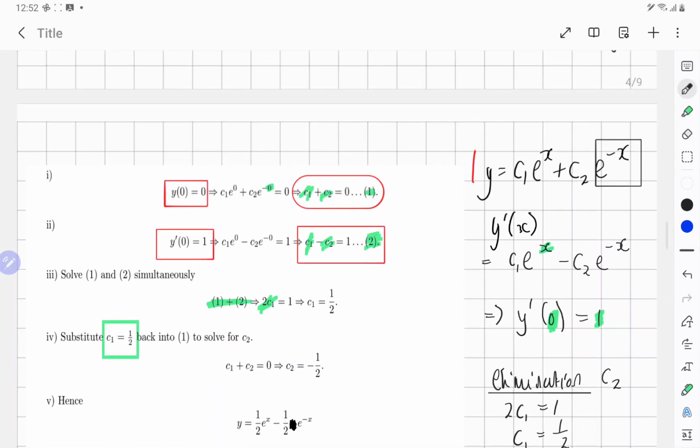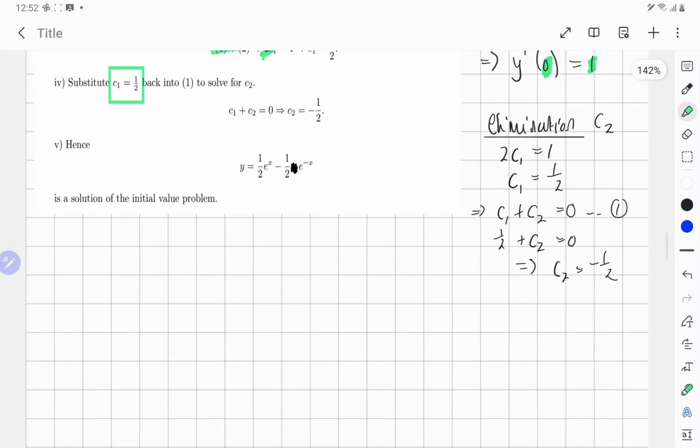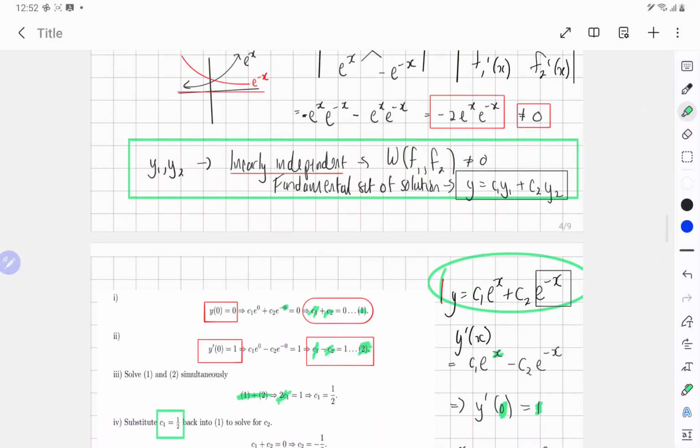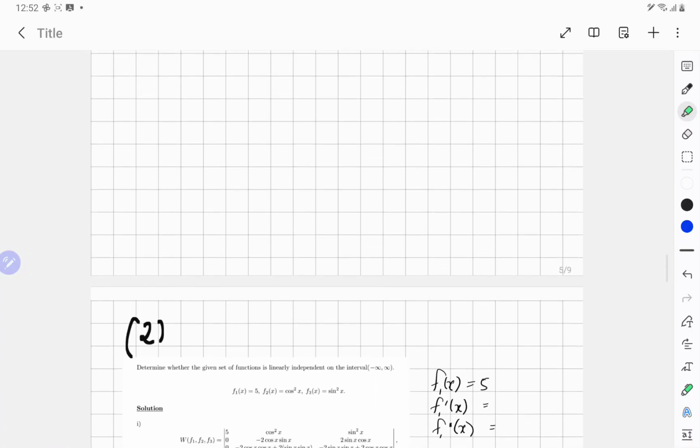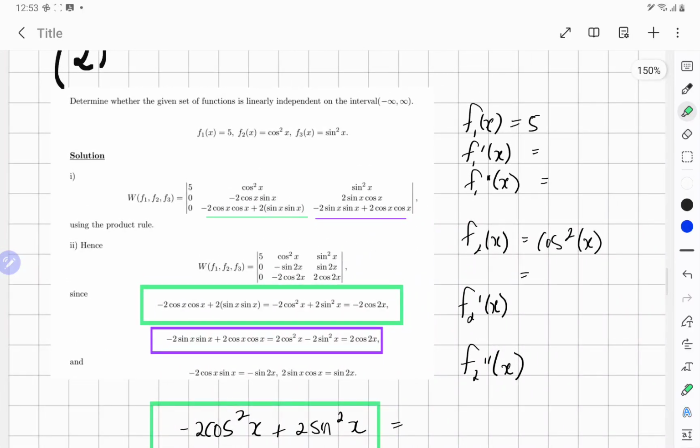Now what do I do? I go back to my general solution, replace c1 and c2, and there I have the member of the family of solutions for my initial value problem. This last part, finding c1 and c2, simultaneous equations, you should all be familiar with from first year. Okay, let's get to our example 2. It's going to get a little bit harder.